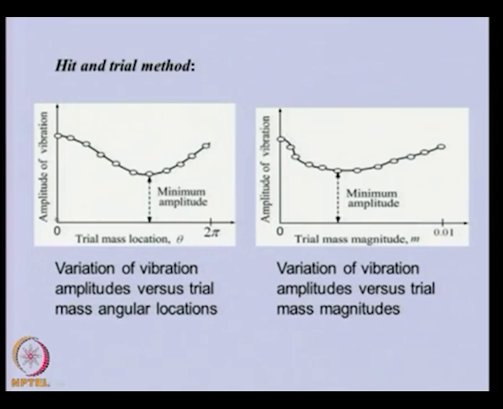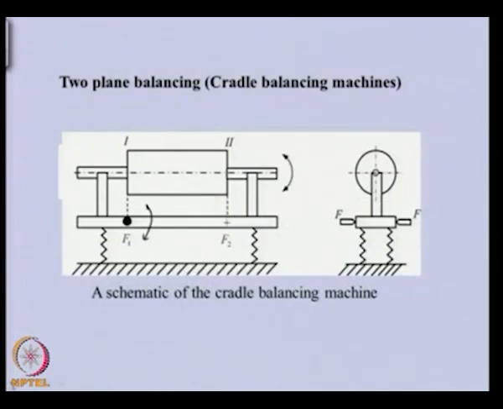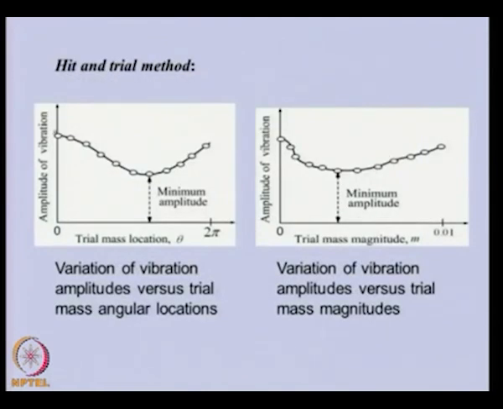Let us say at 0 angle we will mark some angle there and keep some known mass, and then we will rotate the rotor at a certain RPM. We will have a provision to measure the amplitude of the base. In this particular case, we can measure how much this base is vibrating. So, that amplitude, let us say, is coming here.